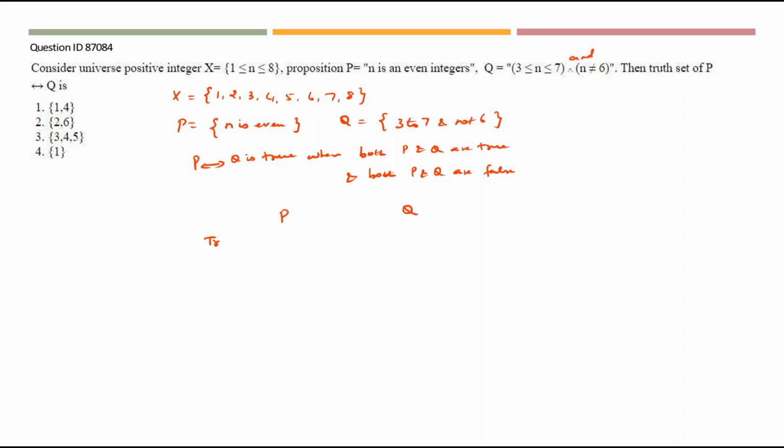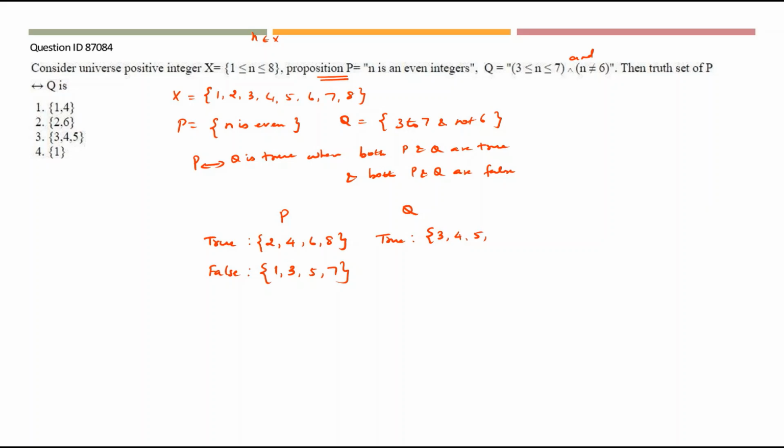P is true when n is even. So I have to pick 2, 4, 6, 8 from x. P is false, n belongs to x only. So whenever n is not even, it is false. So 1, 3, 5, 7. Q is true when it is 3, 4, 5.